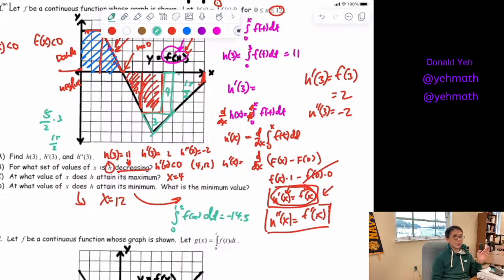But think about this. Let's just say, that's why I said GDP. You guys have economics, right? Let's say in the first 4 years you have a surplus of this amount. But after one point you start having, what's the opposite of surplus? Deficit. Okay, so you start having a deficit.